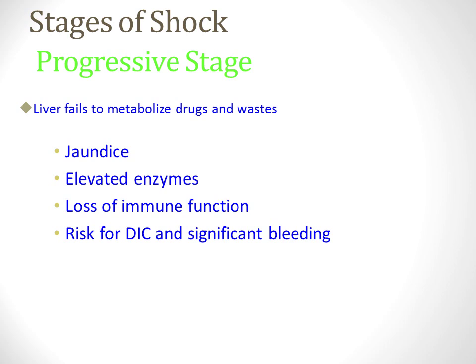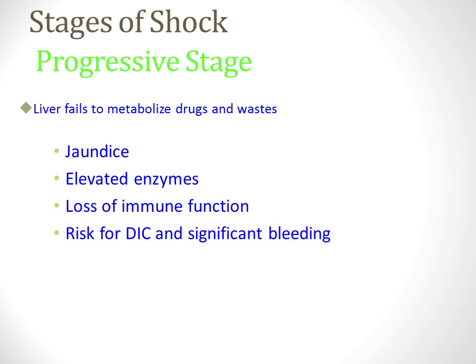So decreased blood flow damages, so we are at risk and more susceptible for infection, because the liver fails to filter out the bacteria because it's lost its phagocytic functions. The liver, when it has decreased blood flow, has less ability to metabolize the medications, and wastes start to build up. The things that the liver normally removes, like ammonia and lactic acid that was building up in all those cells that are doing anaerobic metabolism.